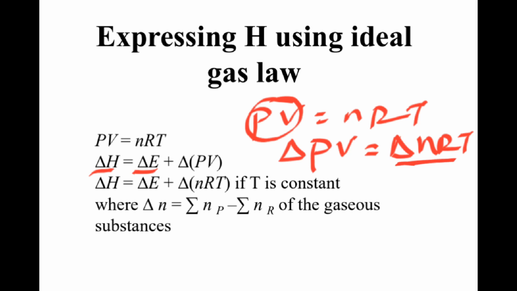So then, substituting this in place of change in PV, the equation yields this. So change in enthalpy means change in internal energy plus change in nRT. T is constant. So where change in n is what?